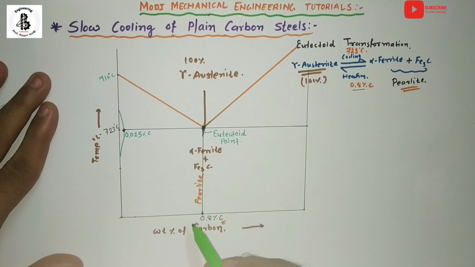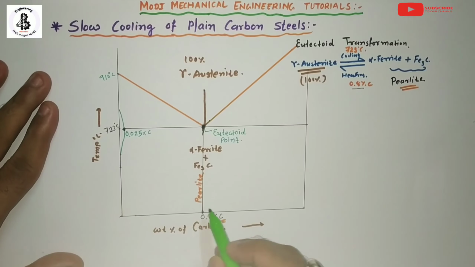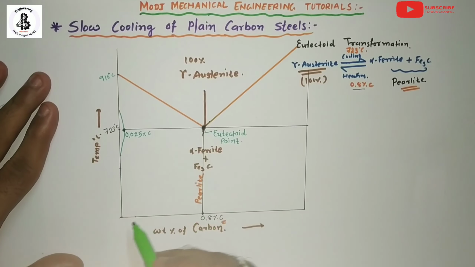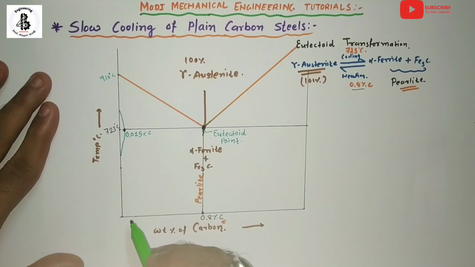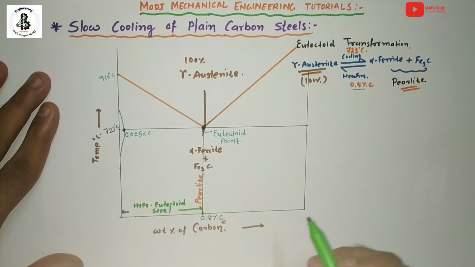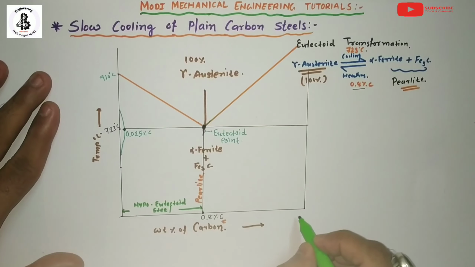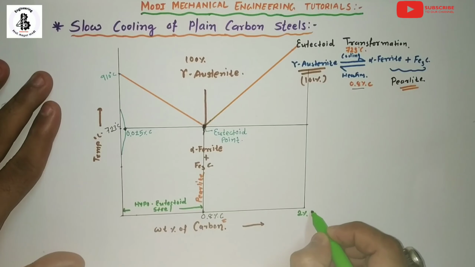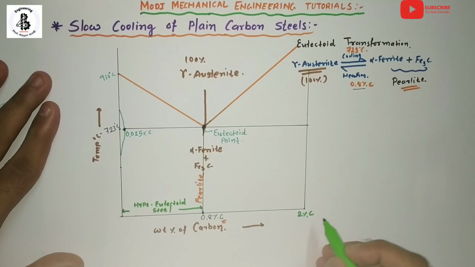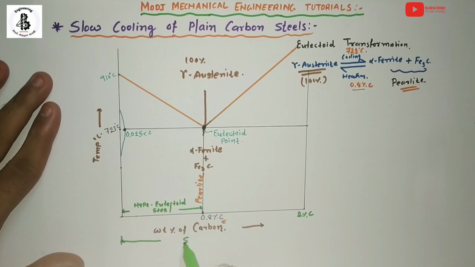But if you take any point before the eutectoid point, or below 0.8% carbon, that is known as hypo-eutectoid steel. And if you consider more than 0.8% carbon up to a maximum of 2% carbon, because up to 2% carbon is the category of steel.